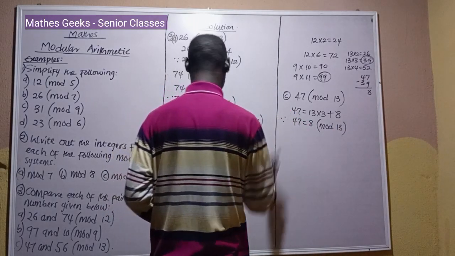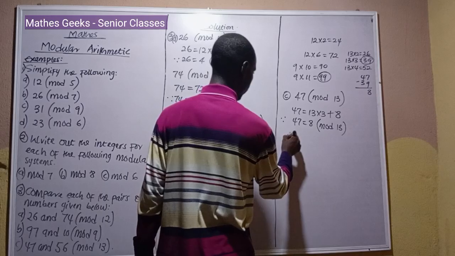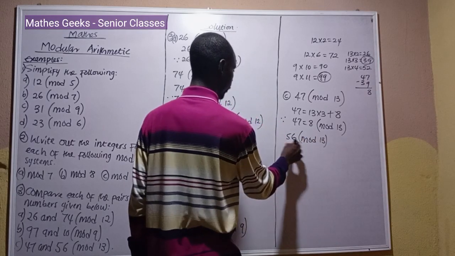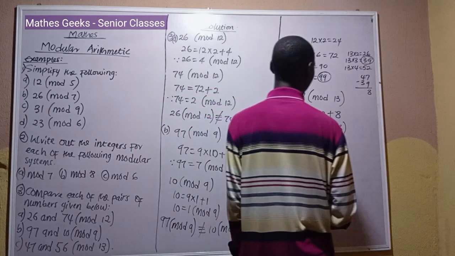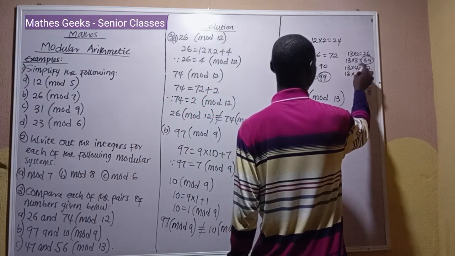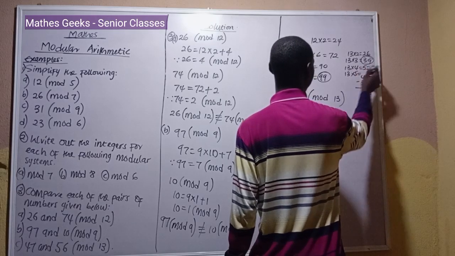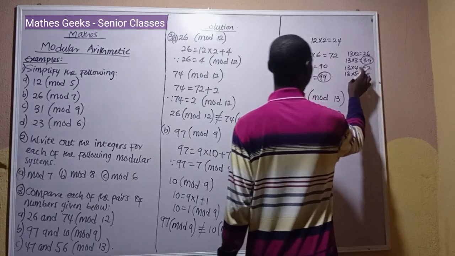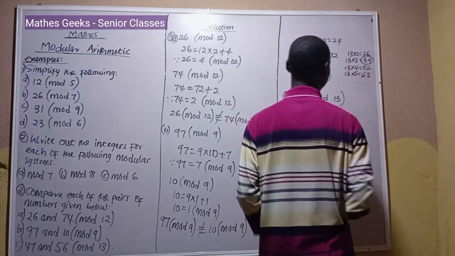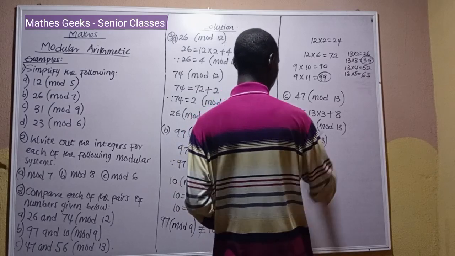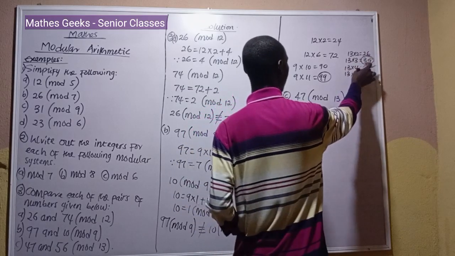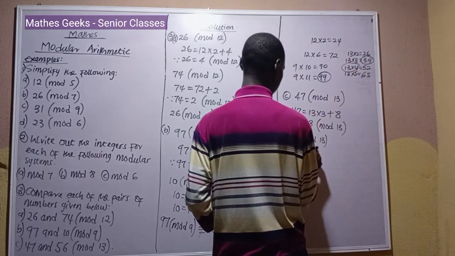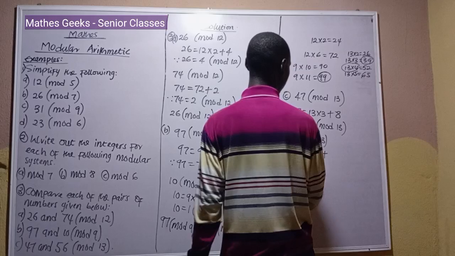Let's get 56. 56 mod 13. 13 times 4 is 52. 13 times 5 is 65. So 65 is greater than 56. So the multiple of 13 that is closest to 56 is 13 times 4, which is 52.